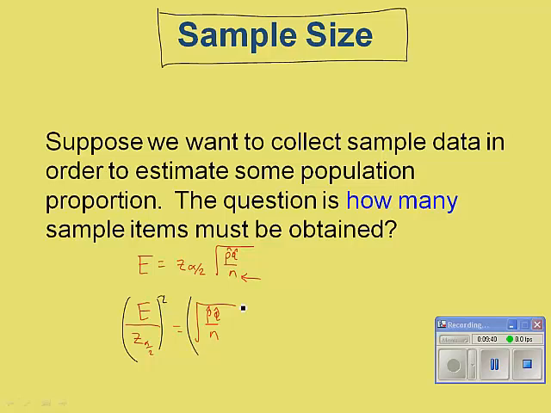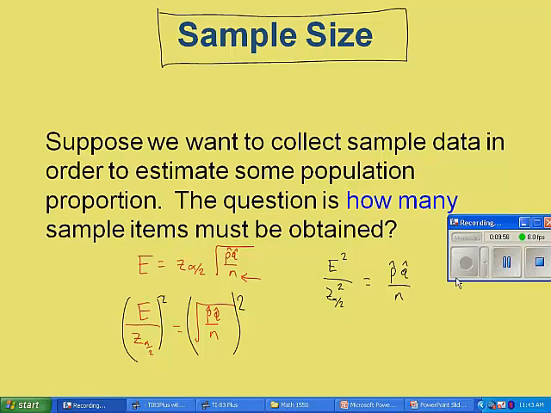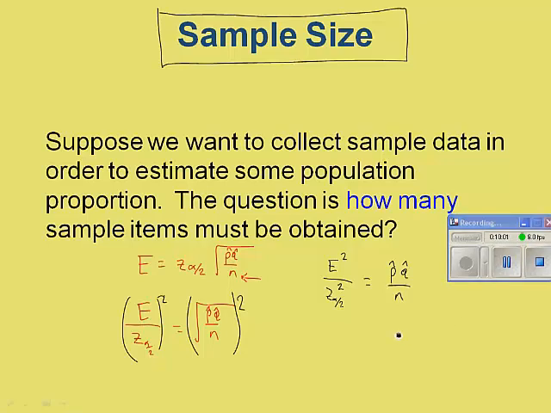Now this class is not an algebra class, okay? I'm not going to go crazy here. I will show you where this formula comes from and then just kind of leave it at that. So now we have p hat q hat over n. And then the next thing you might do is you say, okay, I'm going to flip both sides.